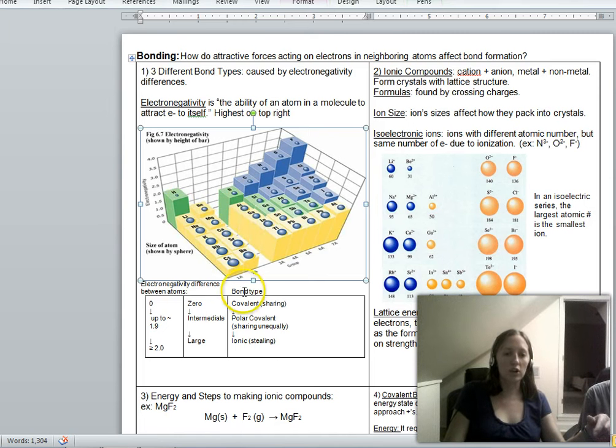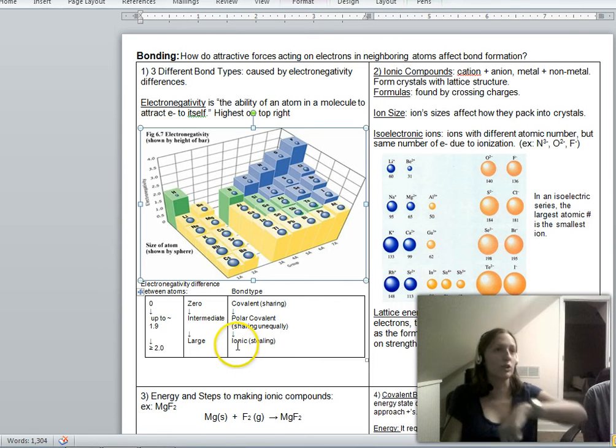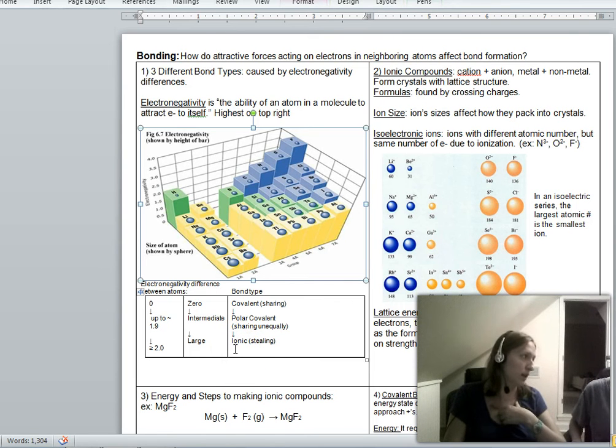When you're talking about an ionic bond, for example, which is the stealing kind of bond where the electron comes off of one atom and is totally transferred to the other atom and he never sees it again, you've got a very large electronegativity difference between the two elements, large being greater than 2.